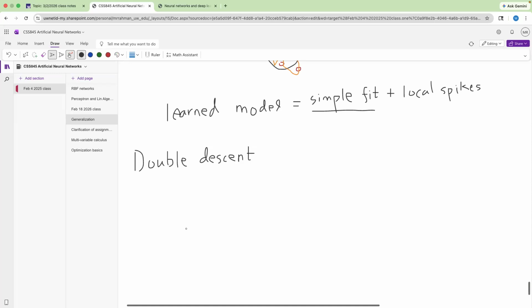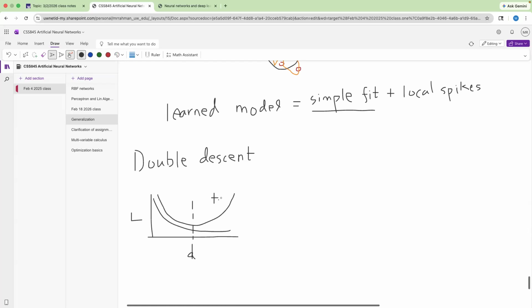Okay, so what is our classical view of generalization and overfitting? We see that your training error goes down, with, let's say, d as my model parameter for capacity, and I have loss here. So this is the overfitting regime.